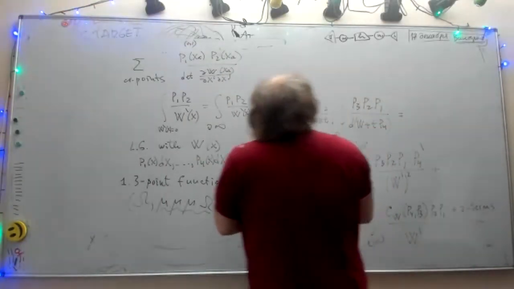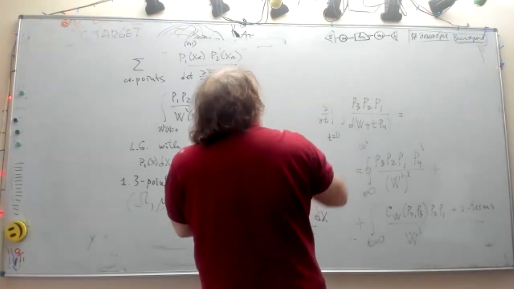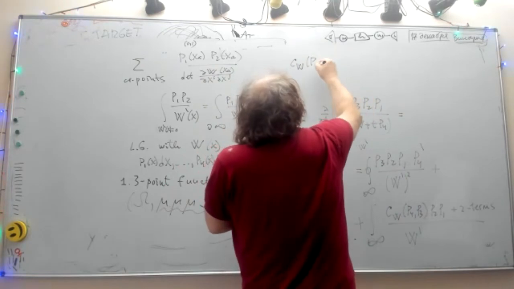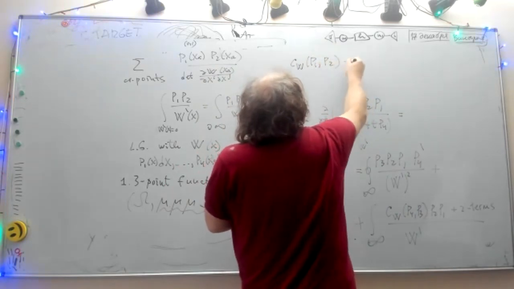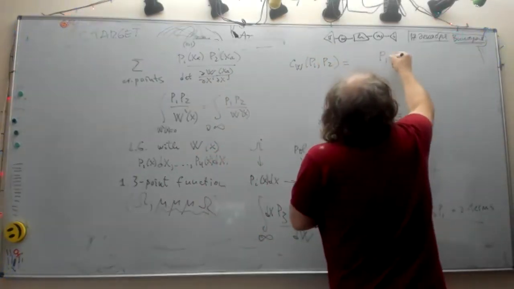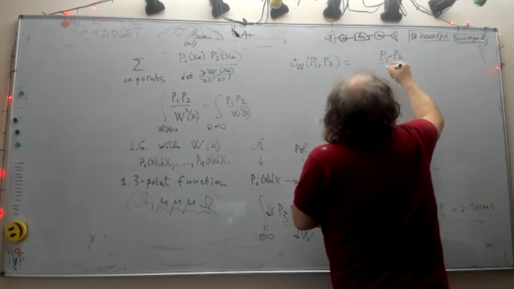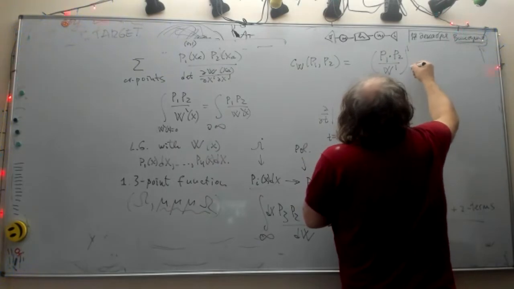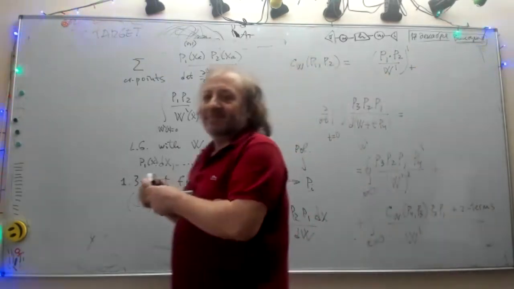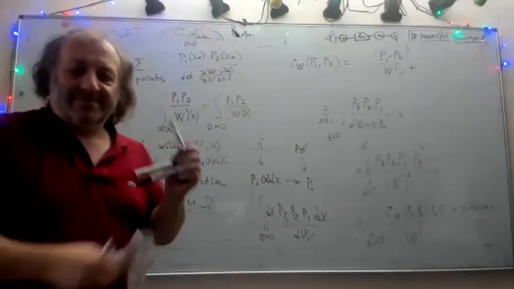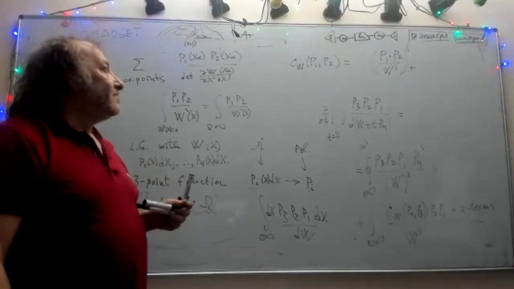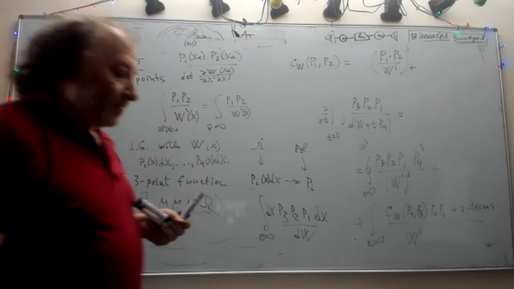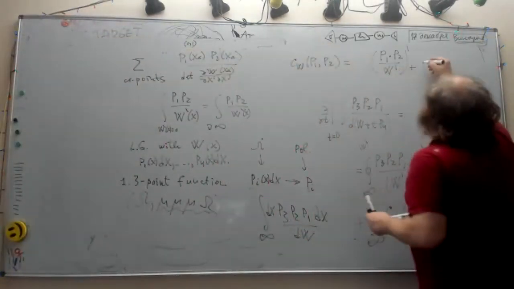Everything is okay if you take C_W(P1, P2) being equal to P1 times P2 over W prime plus, and this is the formula that is the Kyoji-Saito connection.